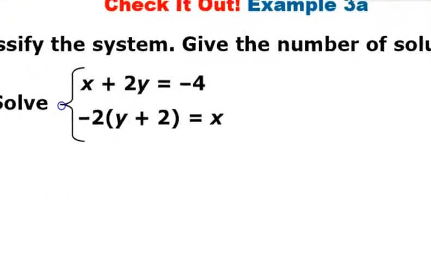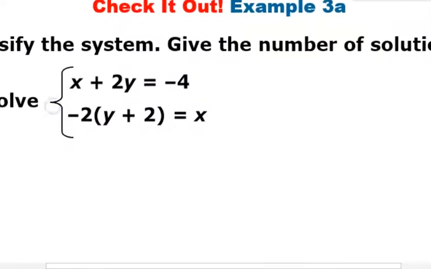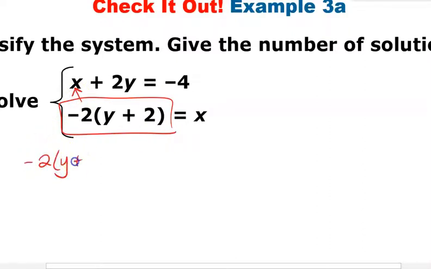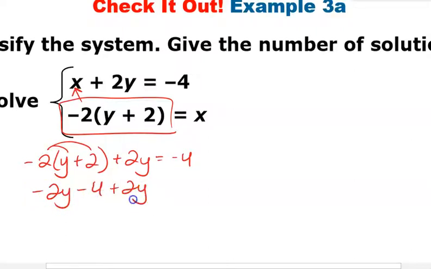Okay, here's another one. Okay, I have x equals this stuff, so I'm going to plug right in. And distribute. And solve. So it looks like this cancels this out. So negative 2 plus 2 is 0.